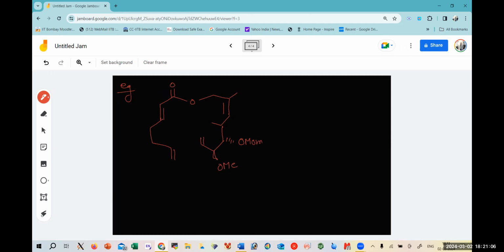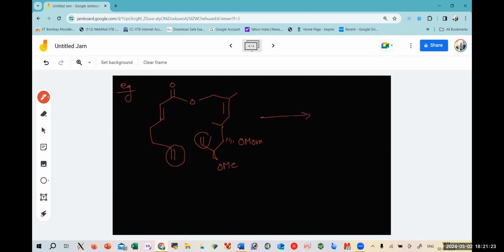Now, if you see carefully, here we have an orientation where the two alkenes are very close to each other. And if these two are very close to each other, they would combine together to form a product.